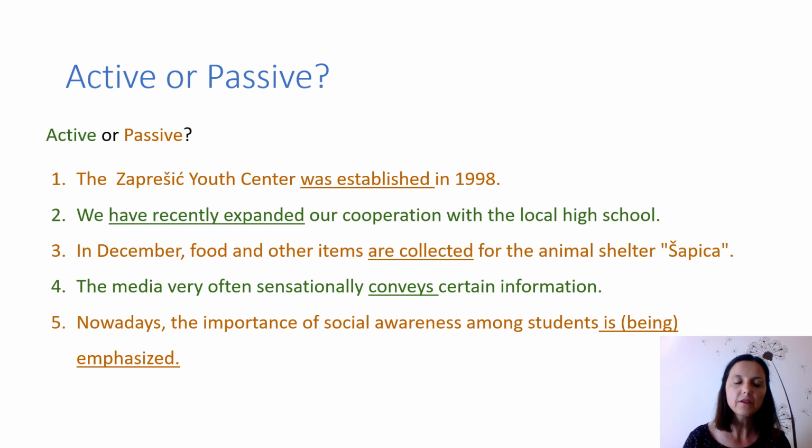Sentences number 1, 3 and 5 were passive, whereas number 2 and 4 were active. You can check your work here. Let me draw your attention only to the last sentence, because both present simple passive and present continuous passive could be used here. We would need more context to decide.